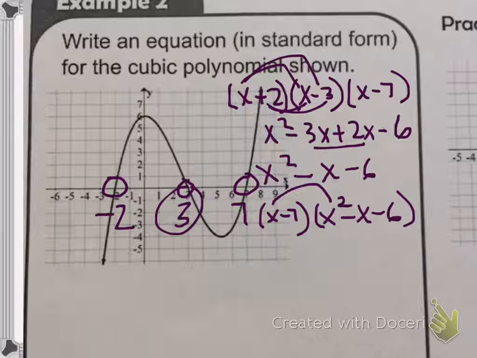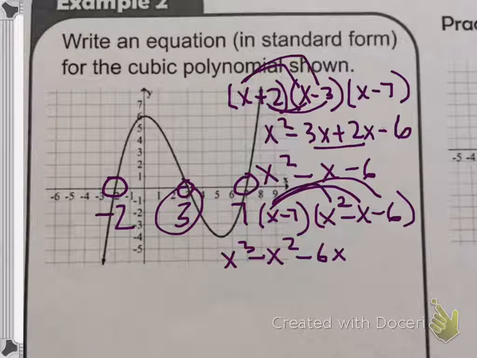X times x squared is x cubed. X times negative x is a negative x squared. X times a negative 6 is a negative 6x. Negative 7 times x squared is a negative 7x squared. Negative 7 times negative x is a positive 7x.